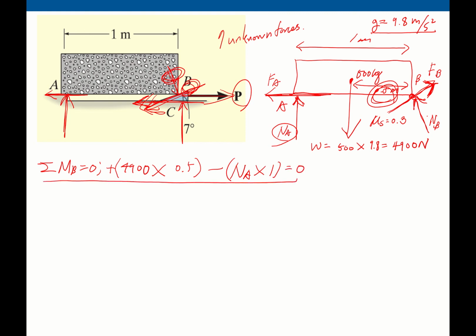From this equation, we can find the normal force N_A is equal to 2,450 Newtons.